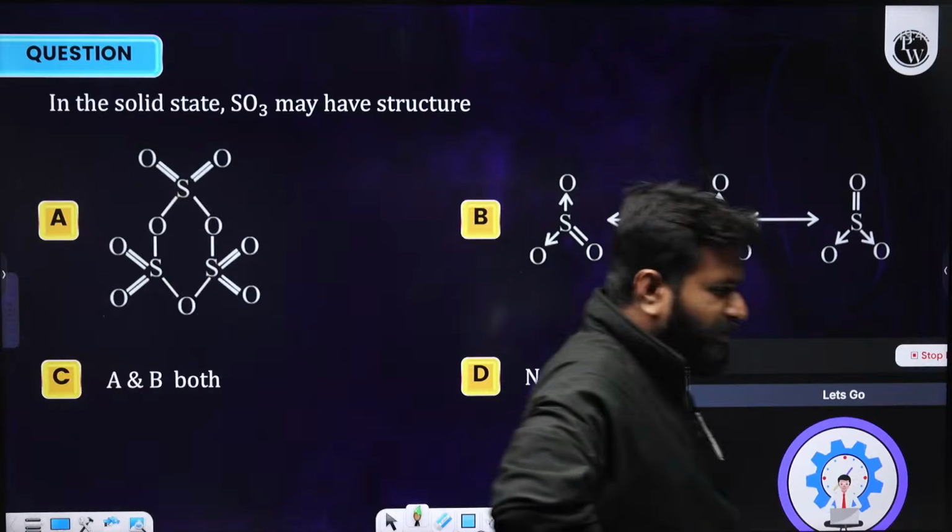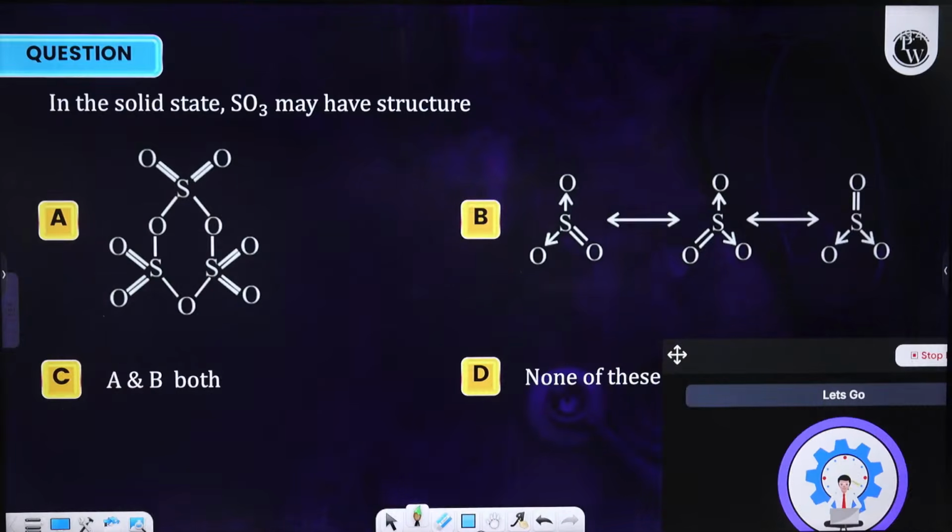A and B both are. Are you sure, my dear students? A and B both are.